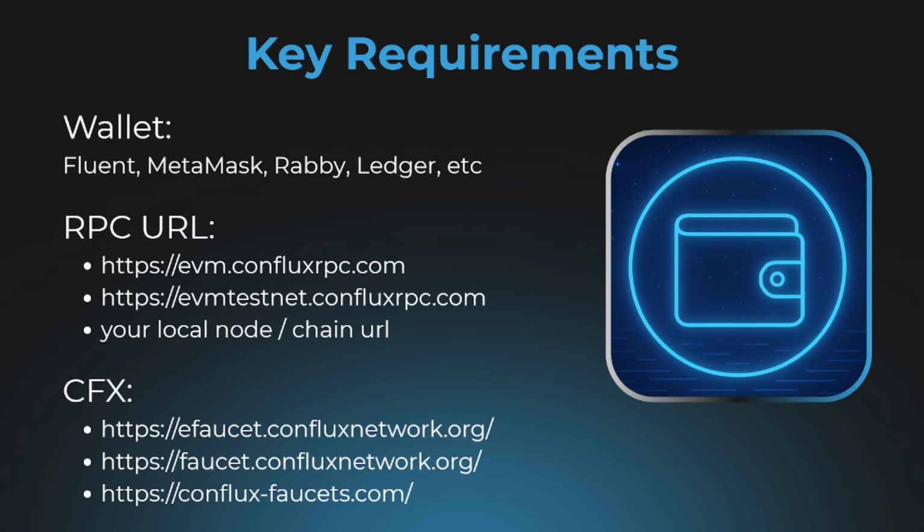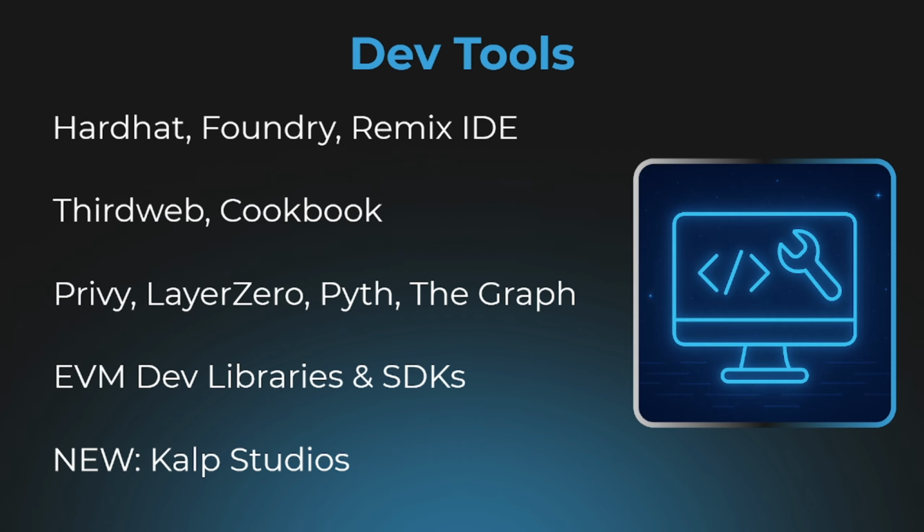Usually to start building, you use testnet, and then you can use public nodes on mainnet. And then, of course, you need some CFX, which can be obtained from the faucets. There is an ESpace faucet, a Core Space faucet, and then a mainnet faucet, which supports both Core and ESpace.